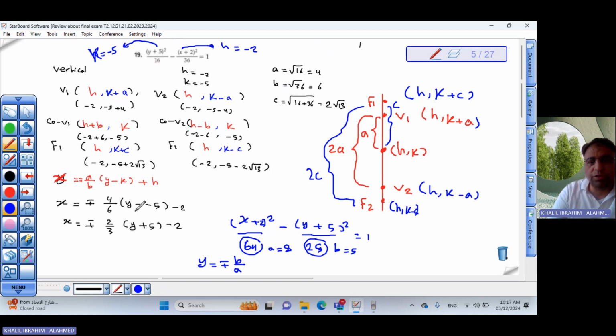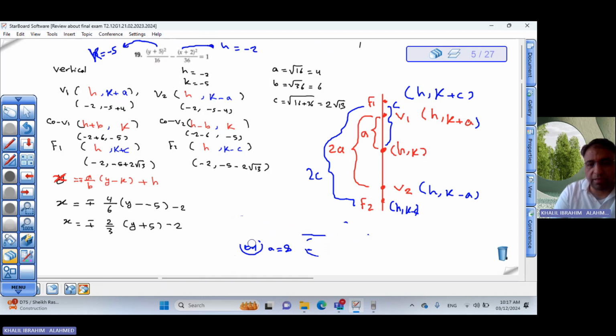Just substitute. You should keep your formulas in your mind to understand and distinguish between the equations. It's very important. Just substitute: 4 over 6, y minus 5 minus 2 h. This is the equation, 2 over 3, y plus 1. That's it. It's easy.